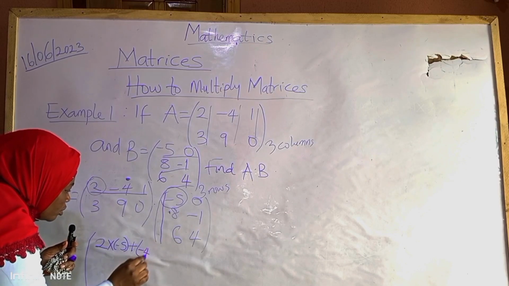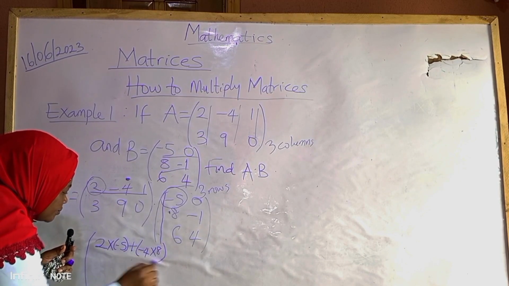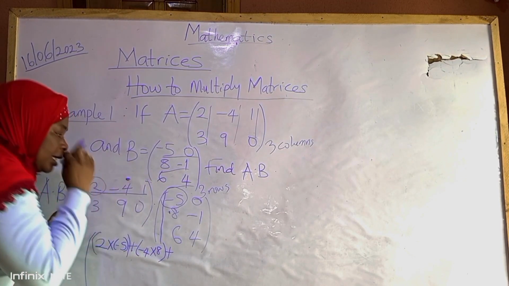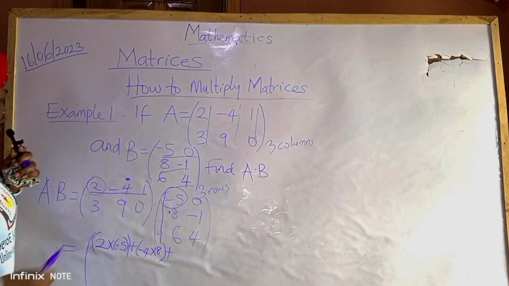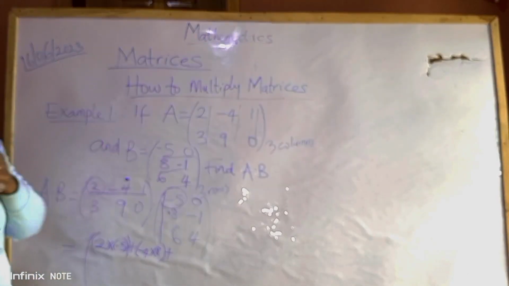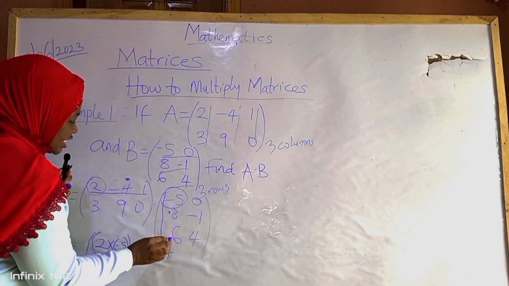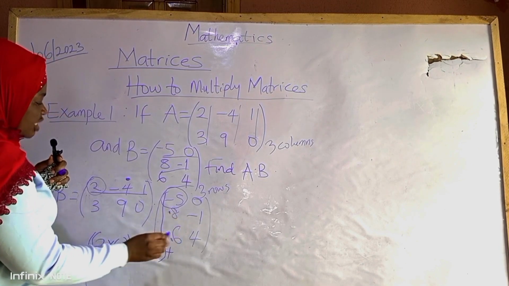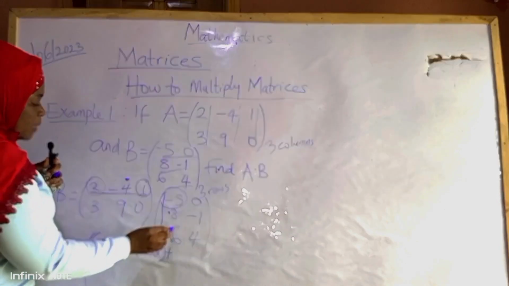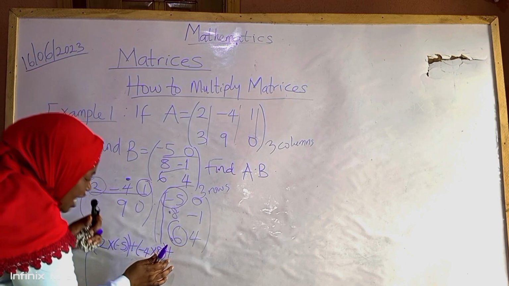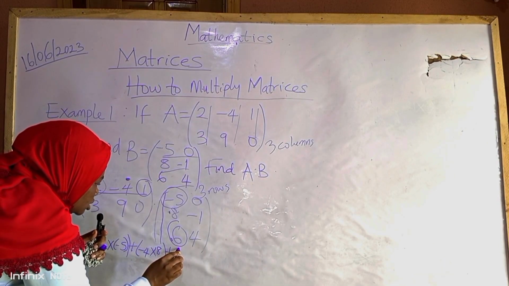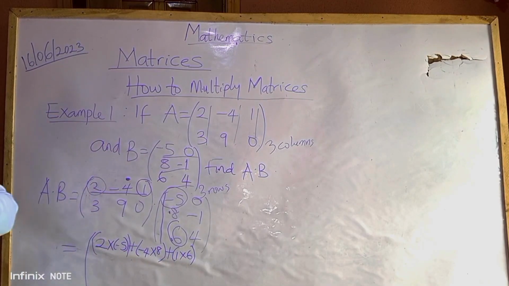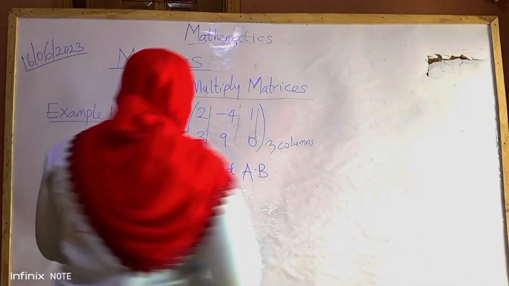So I have minus 4 multiplied by 8, plus the third element on the first row of the first matrix multiplied by the last element on the first column of the second matrix. That is 1 multiplied by 6, and I'm adding it to the previous ones. So that is the first element of the answer.